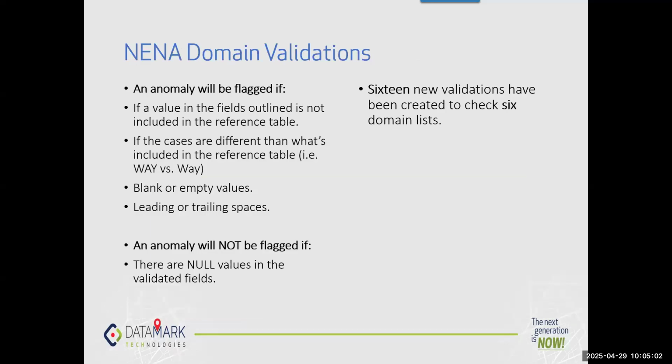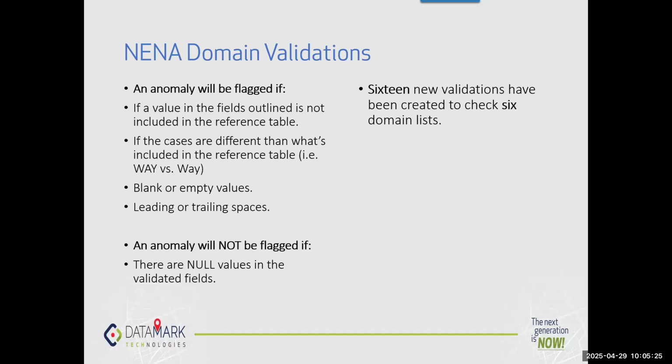And I will talk about these a little bit more. So the anomalies will be flagged if the cases are different, if there's blank or empty spaces, if there's leading or trailing spaces, if the field is not in the list. On our knowledge base, you will find every list that's used, all of the values that we're using.